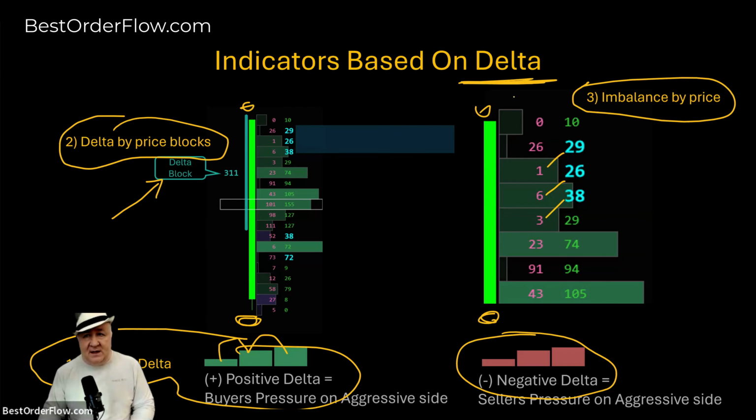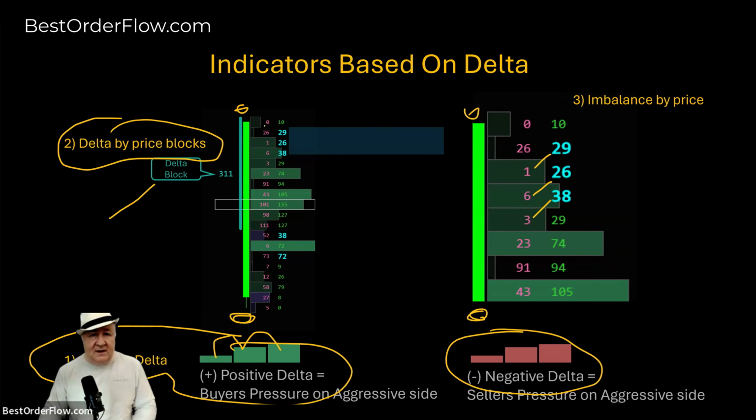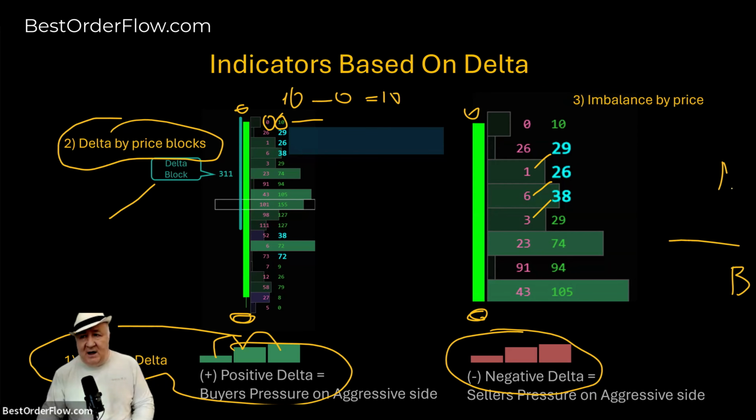So what is the imbalance? Usually by price, you can see 0 and 10; you take 10 minus 0, and it's going to be a positive delta of 10 right here. This is the delta by price. But for the imbalance, we have the bid and the ask, and there is a gap in the price.